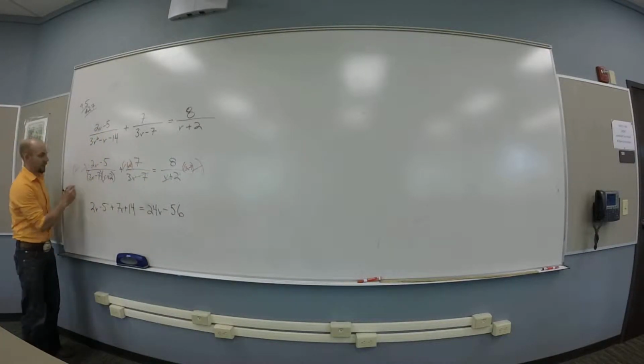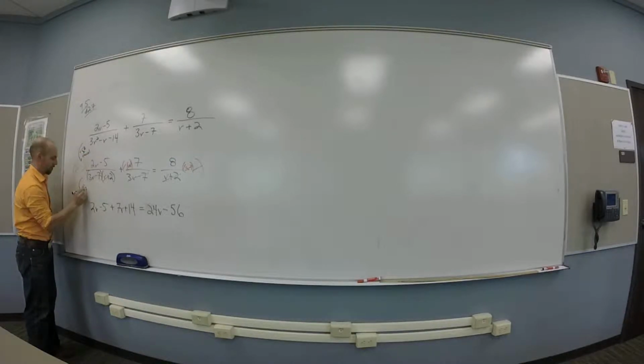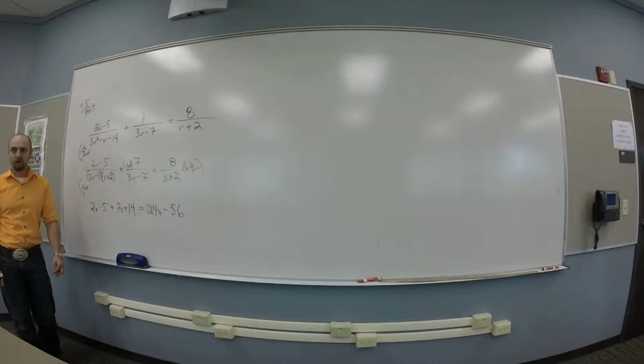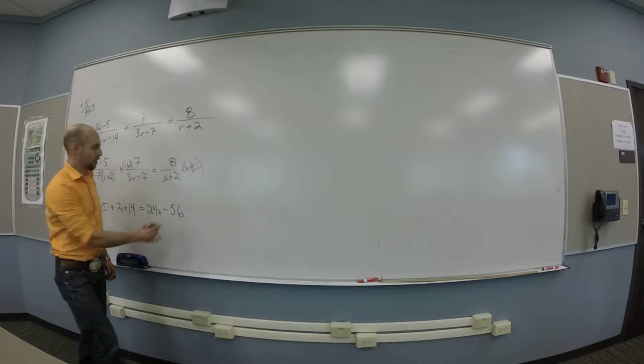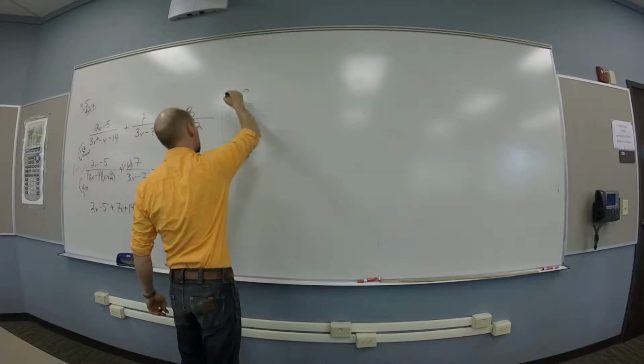So this was multiply by common bottom and cancel. This was distribute. So what's my next step going to be? Combine like terms.